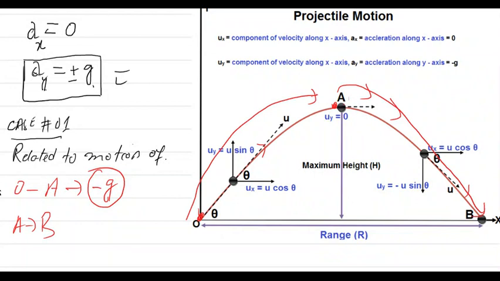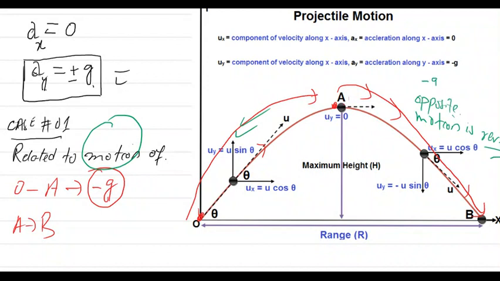So what's happening over here? Here you can see that the motion is reversed. Here the motion was positive, here the motion is reverse. When the motion is reverse, it's the opposite, therefore we will use the negative sign.